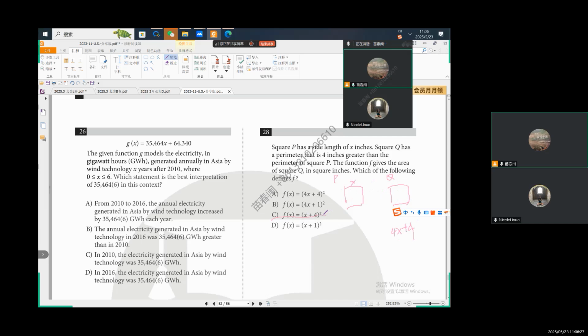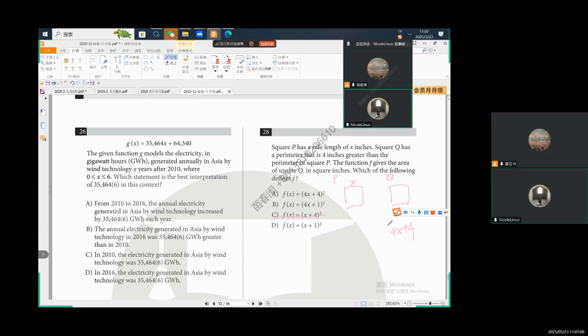Well, I don't really have a C for this one. This one is missing. The perimeter that is 4. Wait, what? The function f gives the area of Q in square inches. Wait, you're finding C? I think you probably have to change it. I think I have a different answer.